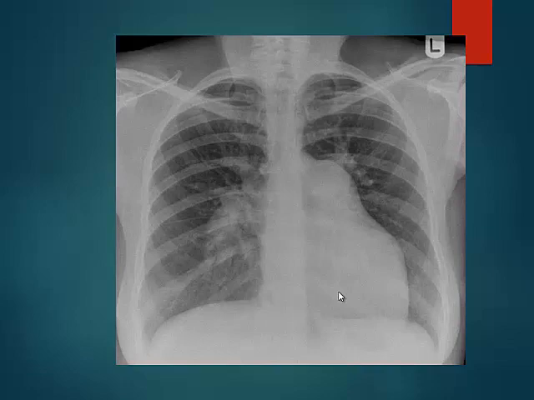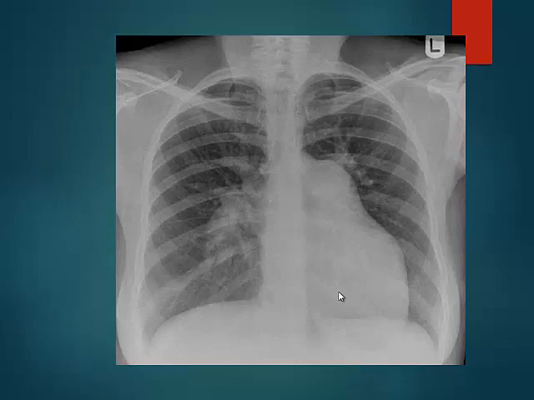And what's the second cause? What's the second possibility? What else can cause this appearance? No, massive PE will not cause this. PDA, you are close. ASD. In what situation? Undiagnosed, chronic Eisenmenger's. Yes.